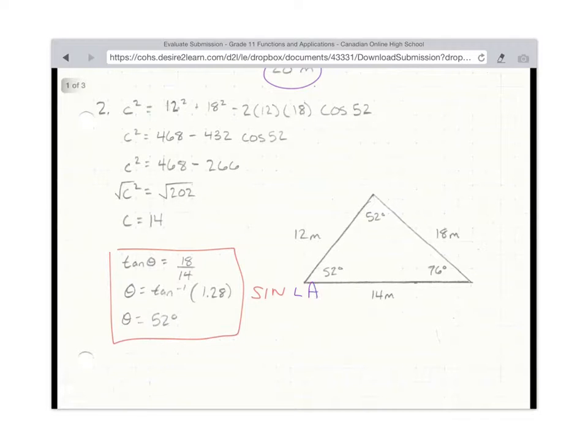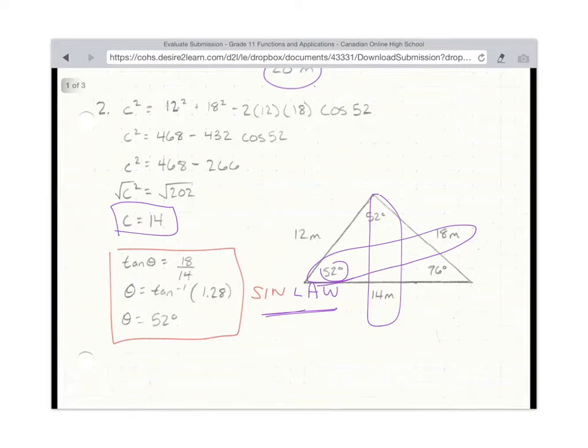So you're going to use the sine law, I guess I didn't finish writing that there, and set up the ratios. Now that you've got one more side, now you've got all three sides and one angle, which means that you can make a pair of sides with 14 and 52 as one matching set, and then find the other angle across from here. That's how you make your ratio with sine law in this case, okay?